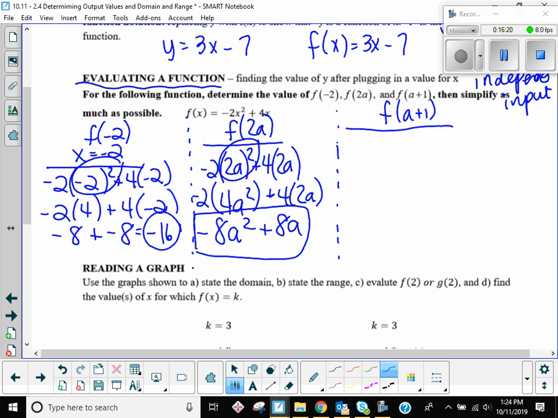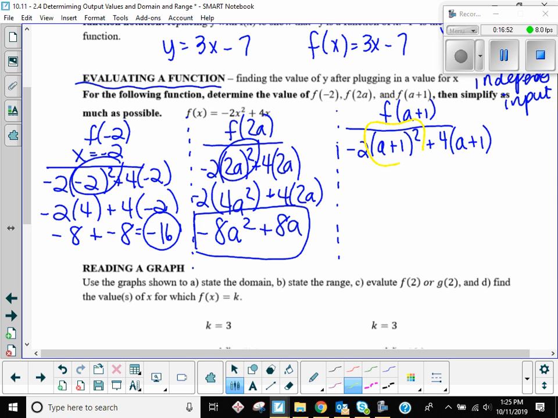What am I plugging in for x? A plus 1, right? Whatever it is in the parentheses, don't overthink it. Just look at it and go put it for x. Order of operations, parentheses first, but there's nothing I can really do or simplify there.